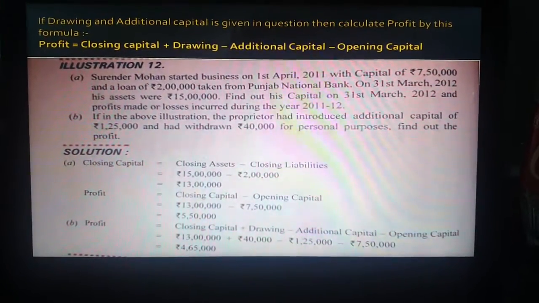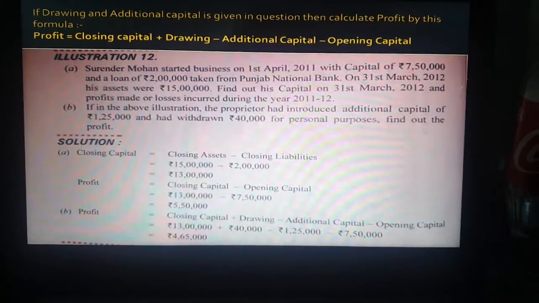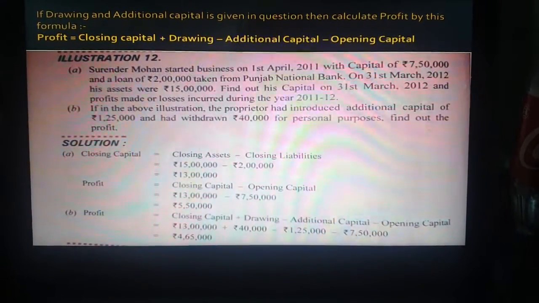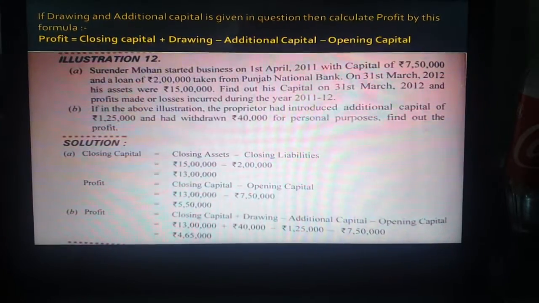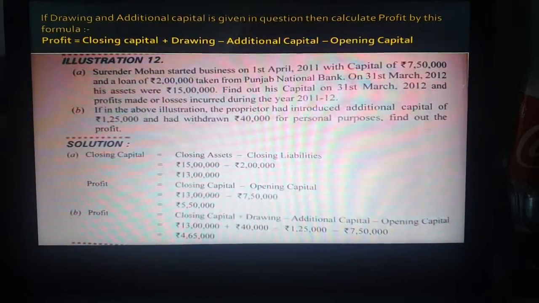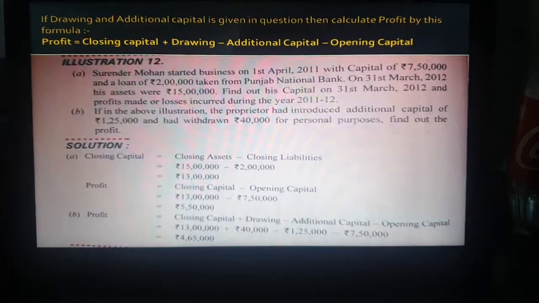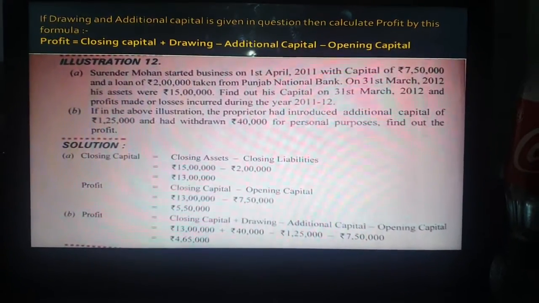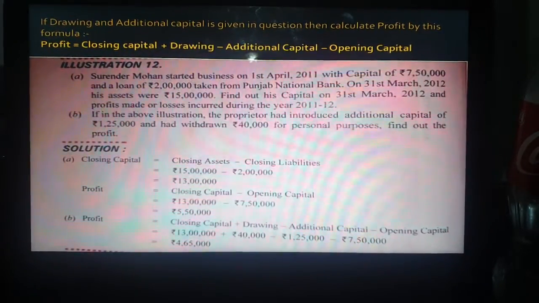Let me take one more example. A. Surendra Mohan started business on 1st April with a capital of 7,50,000. This is your opening capital. And a loan of 2 lakh is taken from Punjab National Bank. On 31st March the asset is 15 lakh. Now you have to calculate closing capital and profit or loss incurred during the year. First of all, calculate closing capital, that is closing asset minus closing liability.